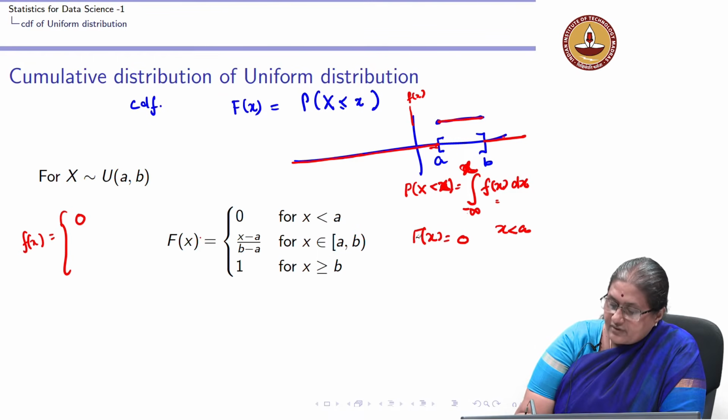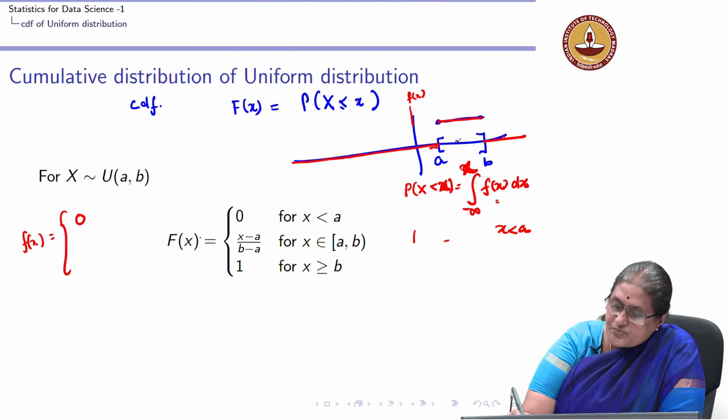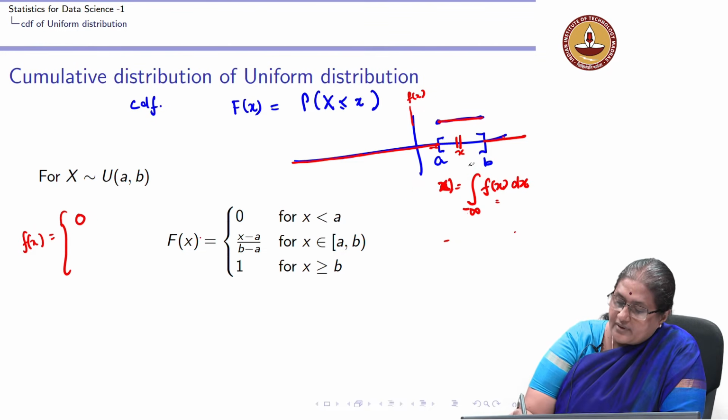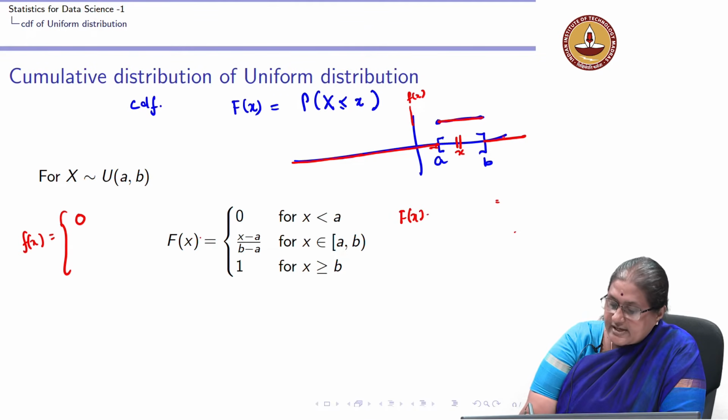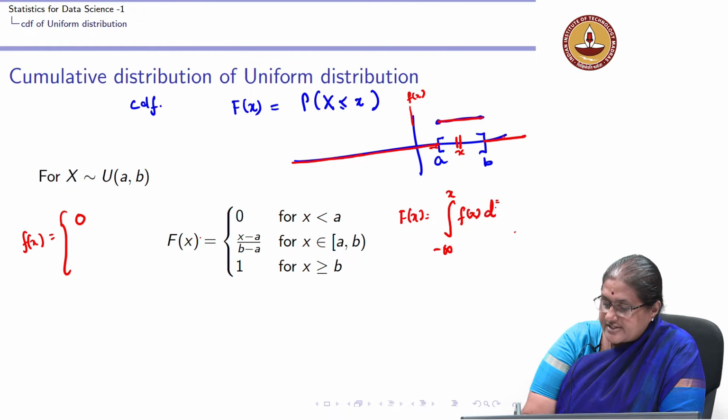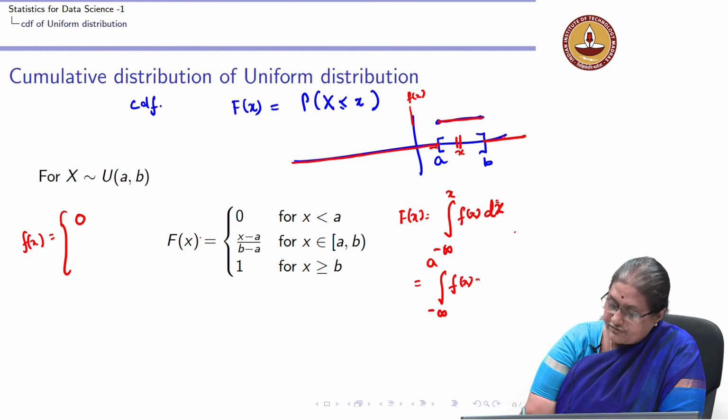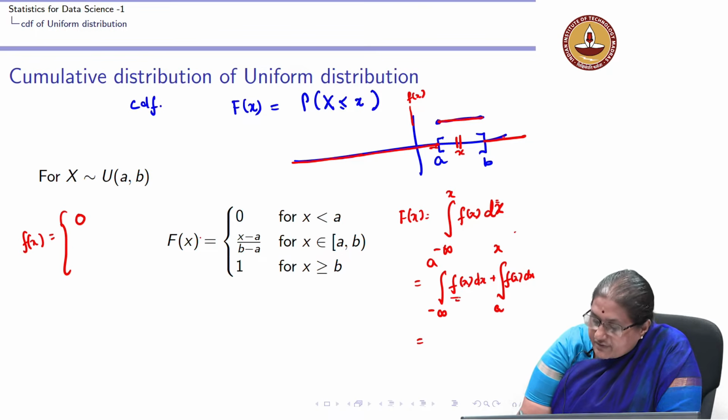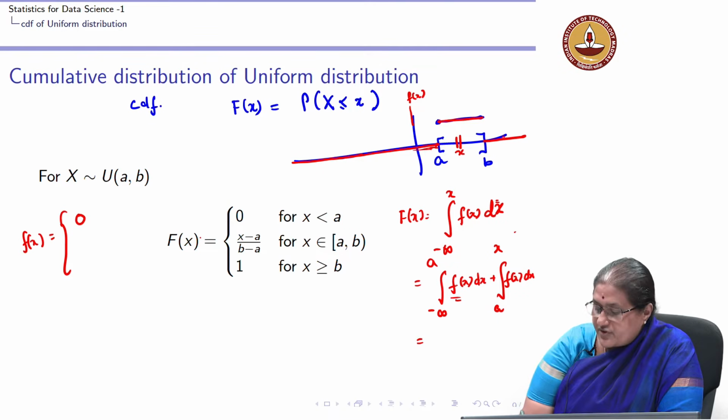Okay. Now, suppose x is a point between a and b, somewhere here. For this point, F of x is going to be the integral from minus infinity to x of f of x dx, which is the integral from minus infinity to a of f of x dx, plus the integral from a to x of f of x dx. Now, I know that f of x takes the value 0 for x less than a.